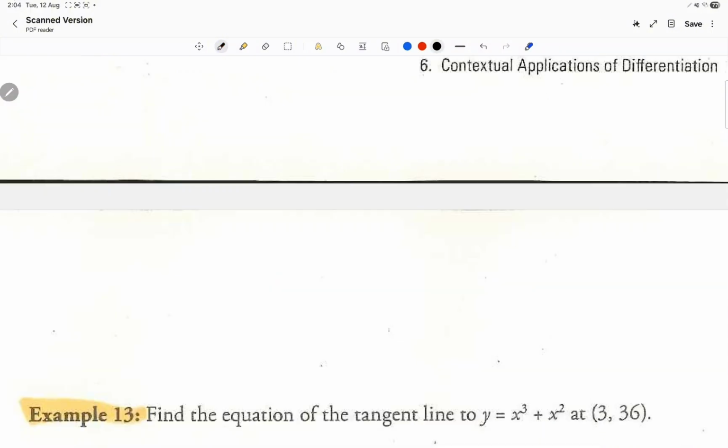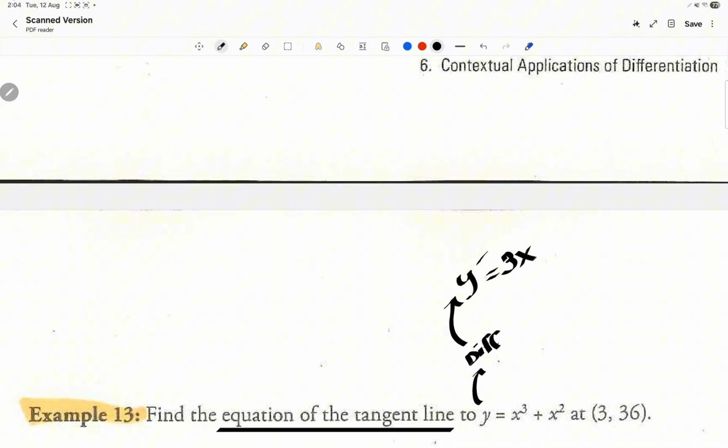Whenever they say find the equation of tangent line, you have to find the slope first. How do you find the slope? Differentiate. So y becomes y prime. X cubed becomes 3x squared. X squared becomes 2x.